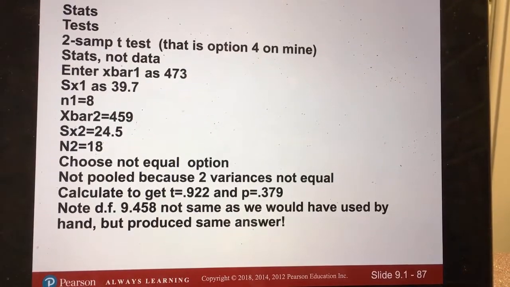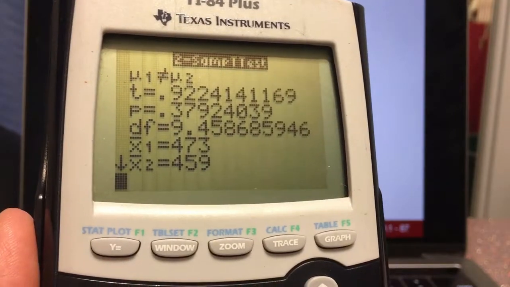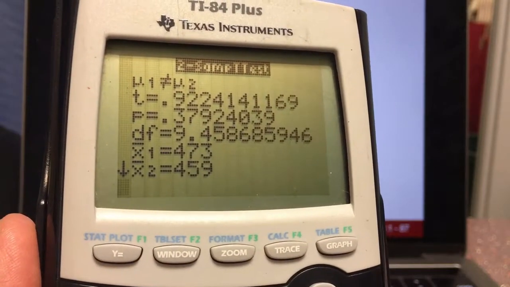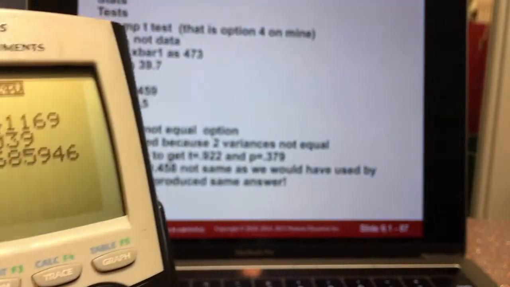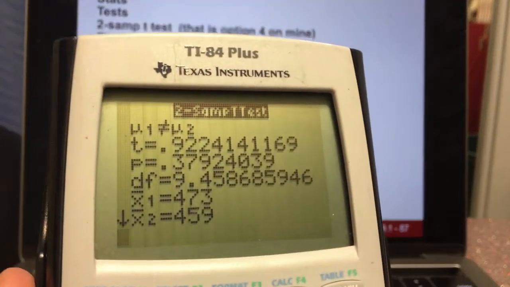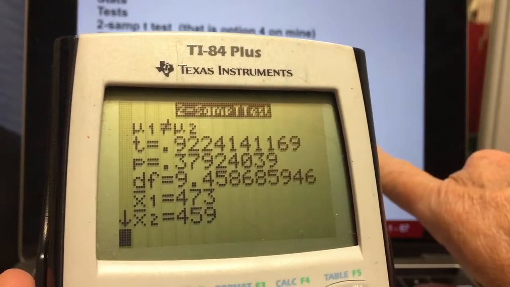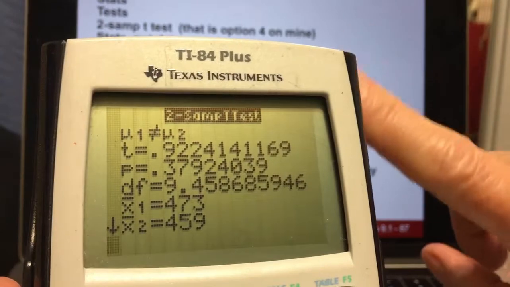I went ahead and entered all of that for you and got the t-value of 0.9224, which is the same thing we had right here. And the p-value, which we did not calculate here, was 0.379, so we could have done a p-value test here.